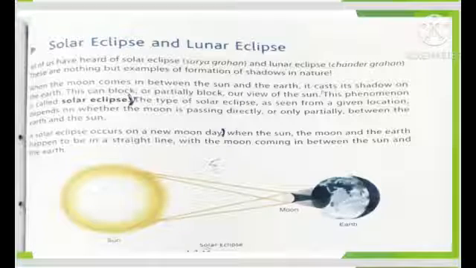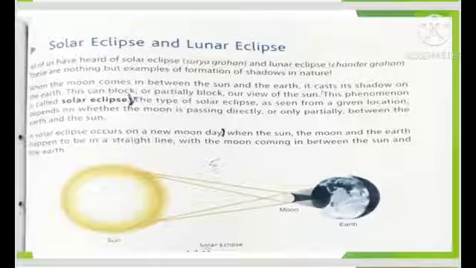As you know, dear student, earth rotates on its axis and completes one rotation in 24 hours. Along with it, it also revolves around the sun, and one revolution is completed in 365 1/4 days.